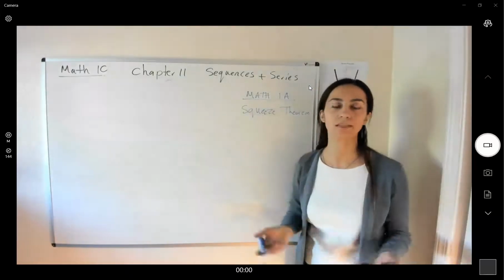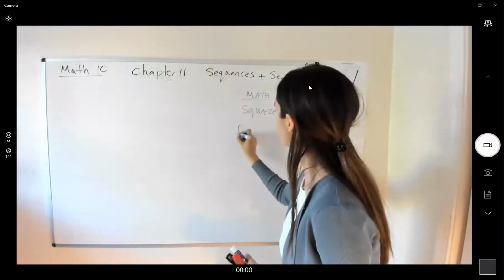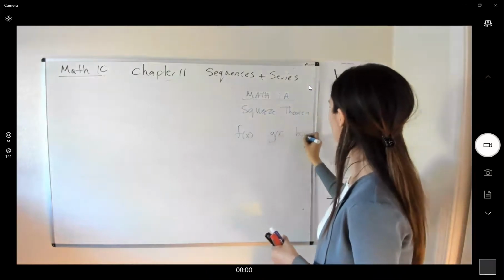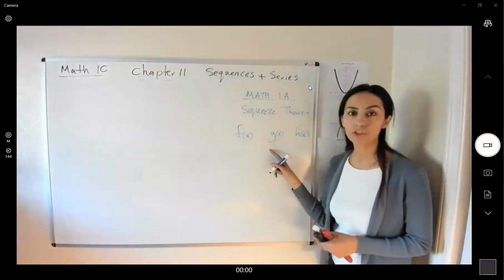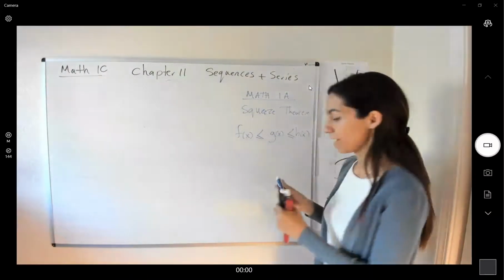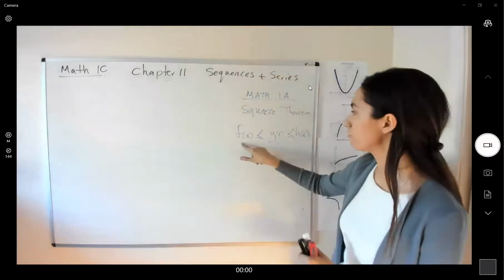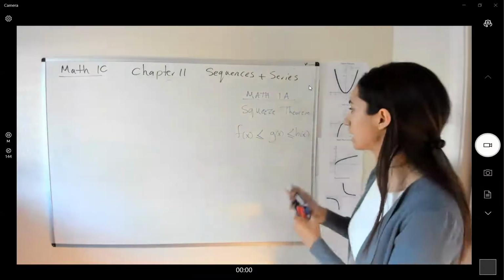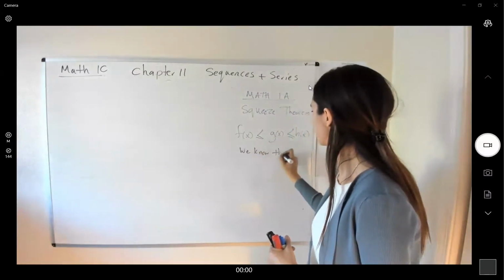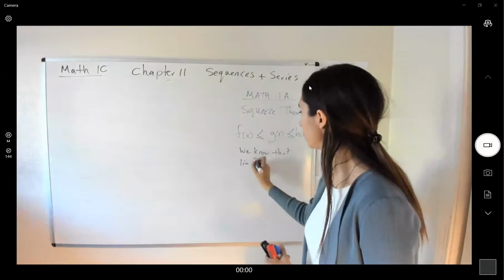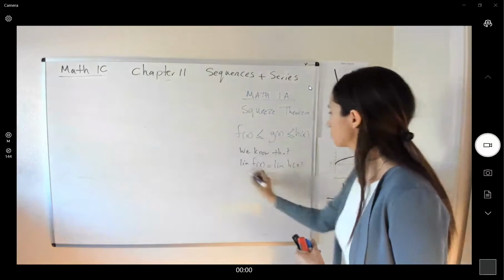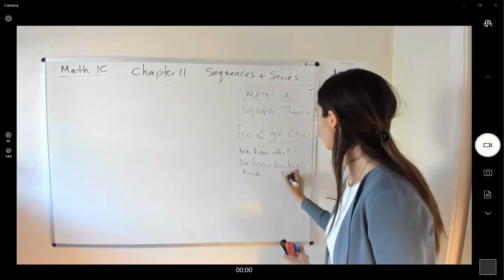Squeeze theorem says if you have three functions, f of x, g of x and h of x, and suppose function g of x is sandwiched between these two functions, and for sure you know the limit of f and the limit of h, and you know that the limit of f is equal to the limit of h while x goes to a number.